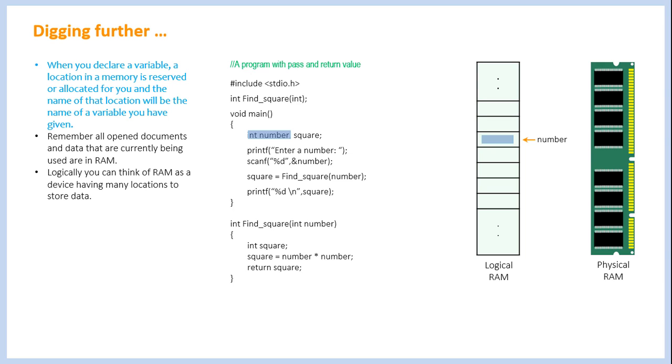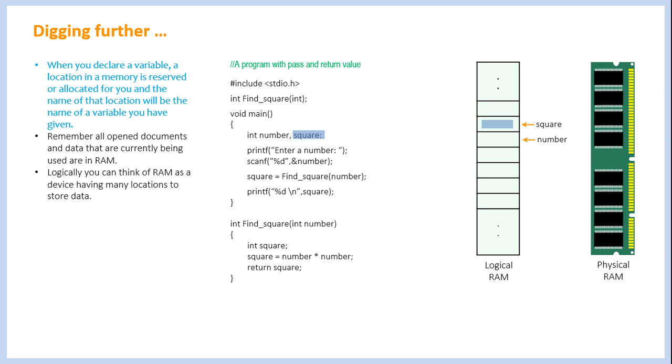Remember, by saying int number, we are telling the computer that we want to store integer type data in this location. Similarly, when you do int square, again some memory will be reserved. Let's say this memory is reserved. Now you can refer to and use this memory through the name square.